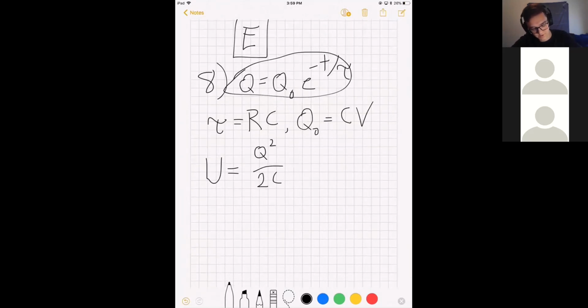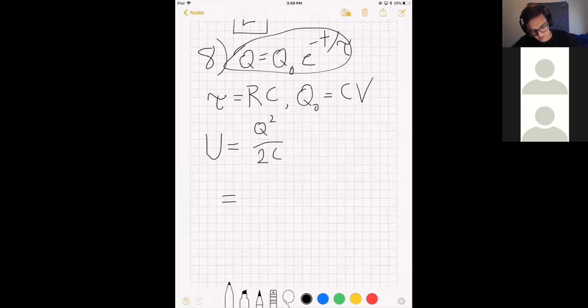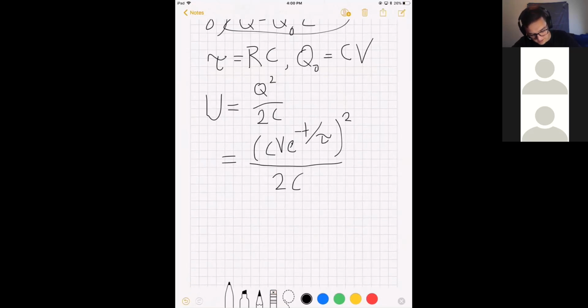On another line, I'm going to say it's equal to C times V times e to the minus t over tau, squared, divided by 2 times C. Now we can distribute the square and cancel out one of the C's. We get 1/2 CV squared e to the minus 2t over tau.